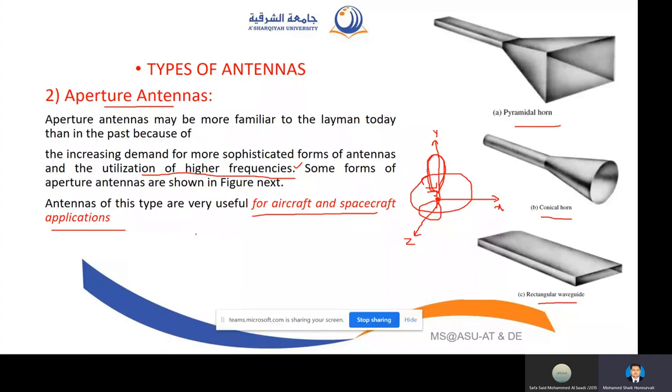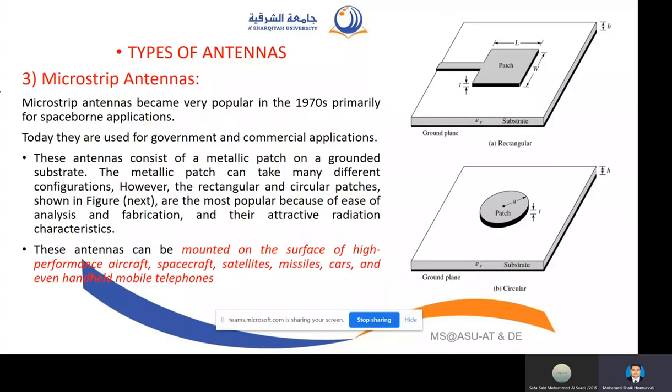Okay, this is the second type of antenna. Next one, the third type of antenna, is the microstrip antenna. Microstrip antenna is another type of antenna which has become popular since the 1970s, and they are used for both government and commercial applications.